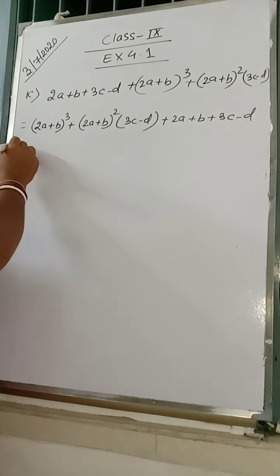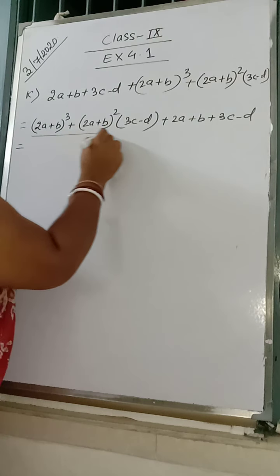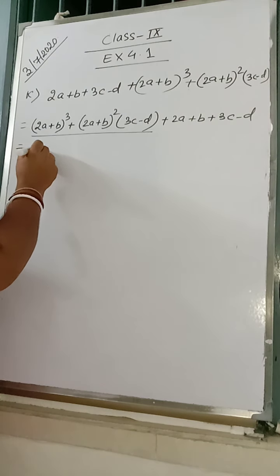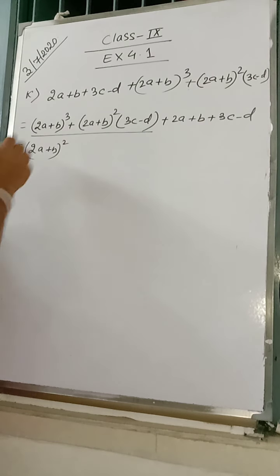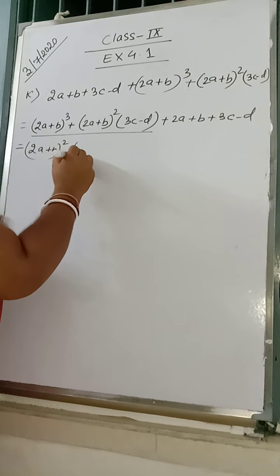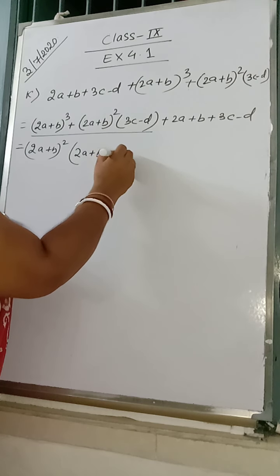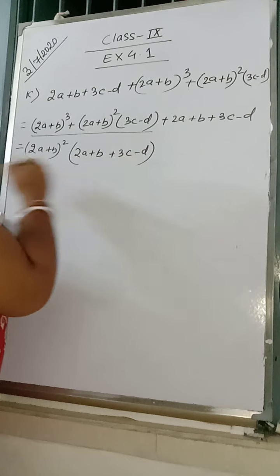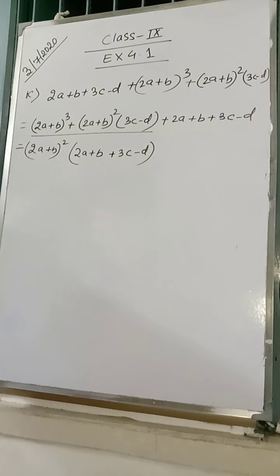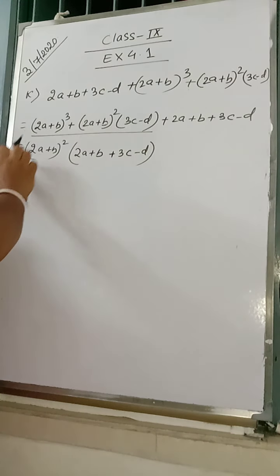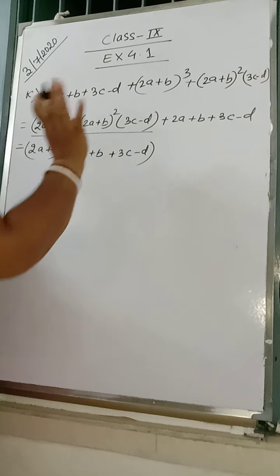Now from these I am going to take common 2A plus B whole square. Clear? So what am I left with here? I am left with 2A plus B, and here I am left with plus 3C minus D.